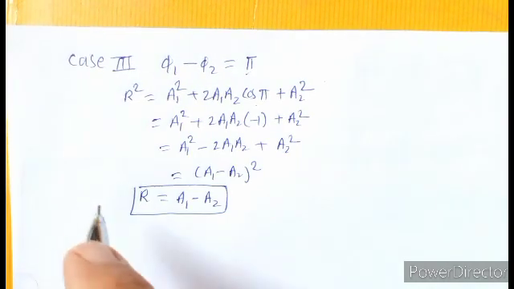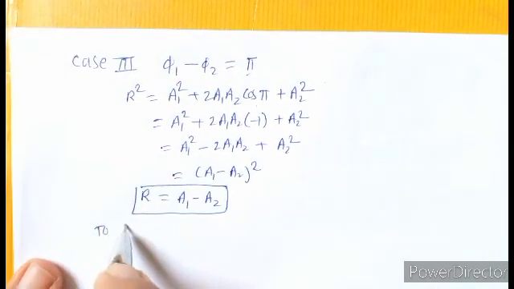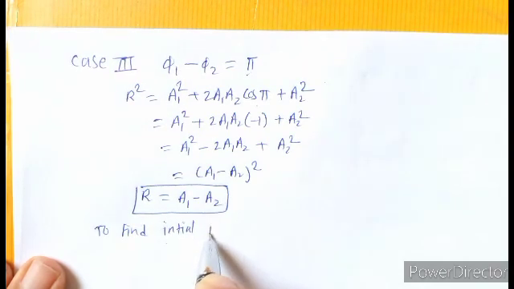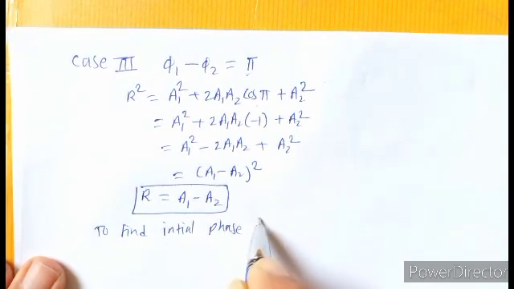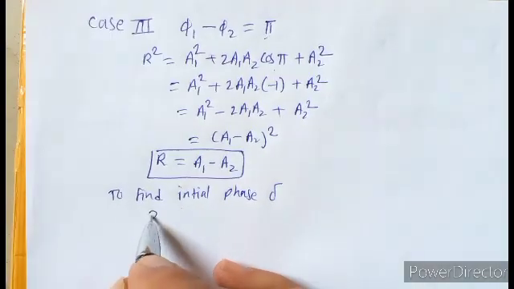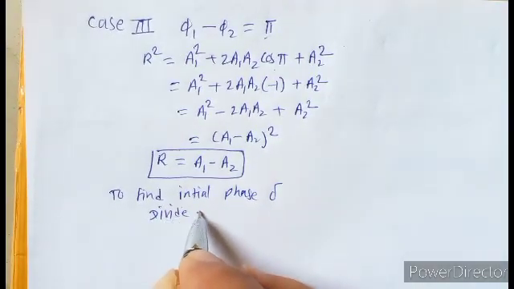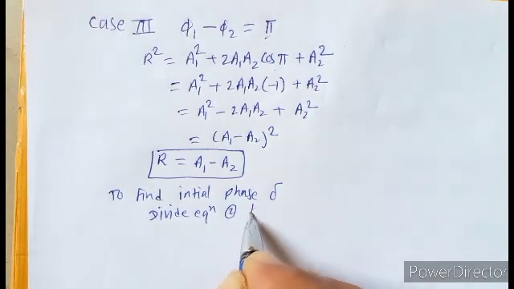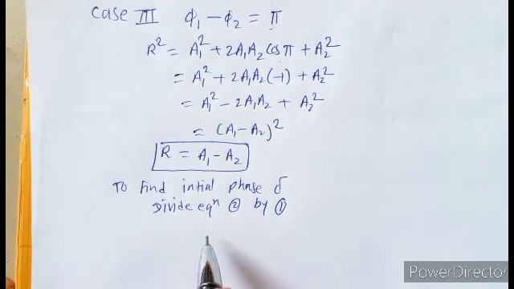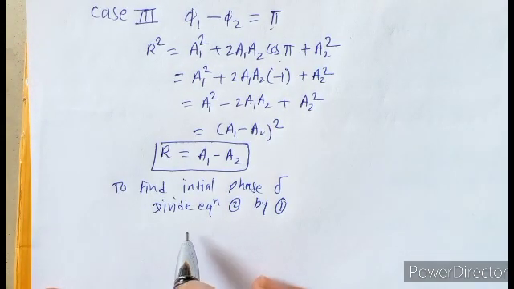Now we calculate the initial phase. To find the initial phase delta, divide equation 2 by 1. So we divide the LHS of equation 2 by the LHS of equation 1 first.